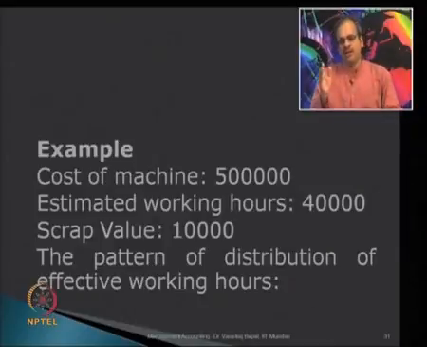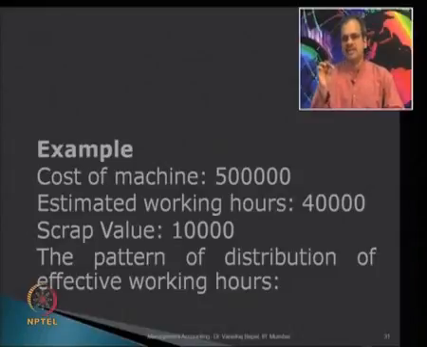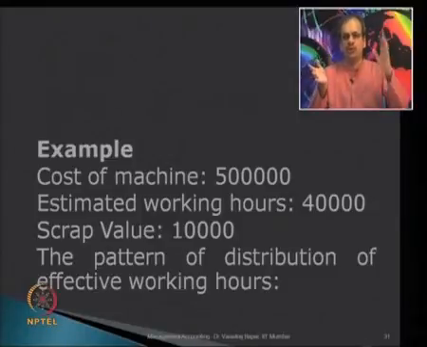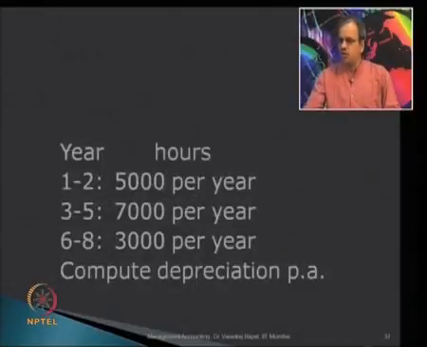First of all, you will have to calculate the depreciable amount throughout the life. So, 5 lakh is the cost minus 10,000, which is scrap. So, 4,90,000 becomes the amount to be depreciated over the life, and over the life we know that 40,000 is the number of hours. So, 4,90,000 divided by 40,000 is the hourly rate. We can see the solution.